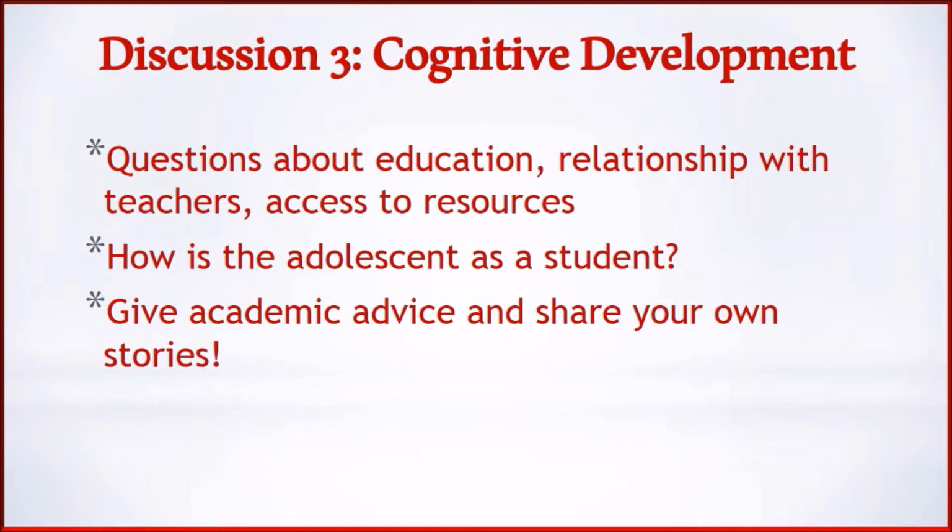What kind of education is the adolescent having? What, quote unquote, grade are they in? What are they studying right now? What kind of relationship does your adolescent have with teachers? What kind of access to resources does the adolescent have? And how is the adolescent as a student? Does the adolescent like going to school?